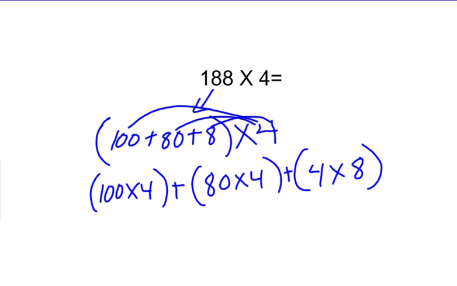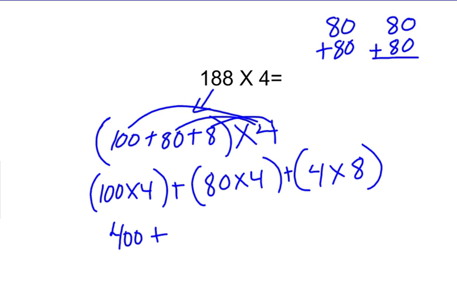All right, 100 times 4, that's 4 hundreds, that equals 400, plus 80 times 4. If they're not sure what that is at first, they can put that to the side, and they know that's 80 plus 80, and then 80 plus 80. Those are 80s. So they can add the first, and they know that's 160, and then they can put that together, 160 plus 160.